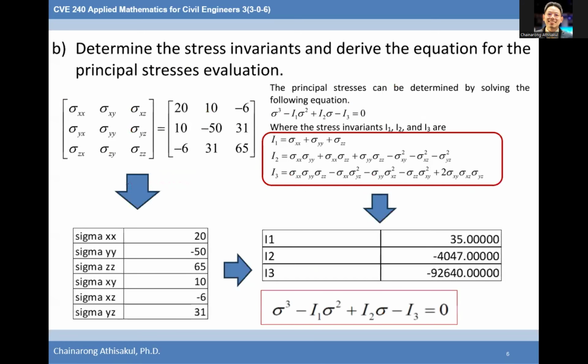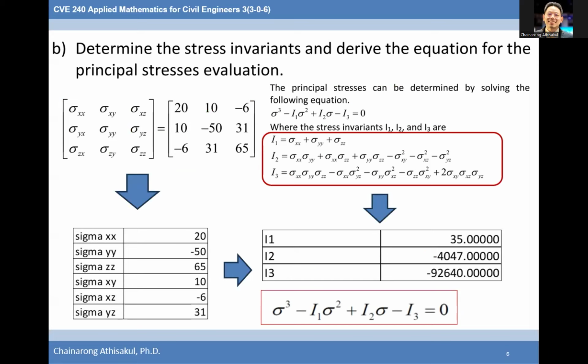Next, we would like to determine the stress invariants. The stress invariants are I1, I2, and I3, according to the stress tensor here.